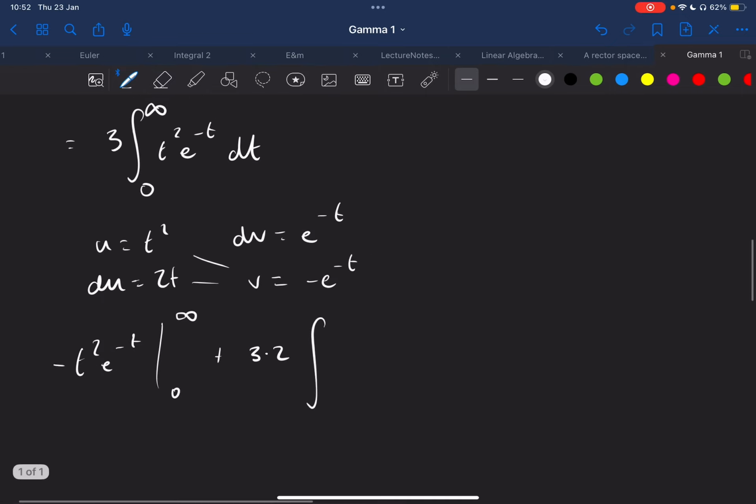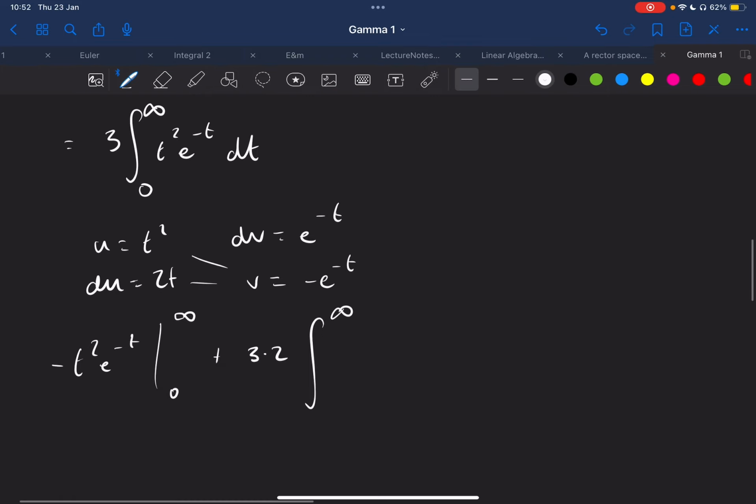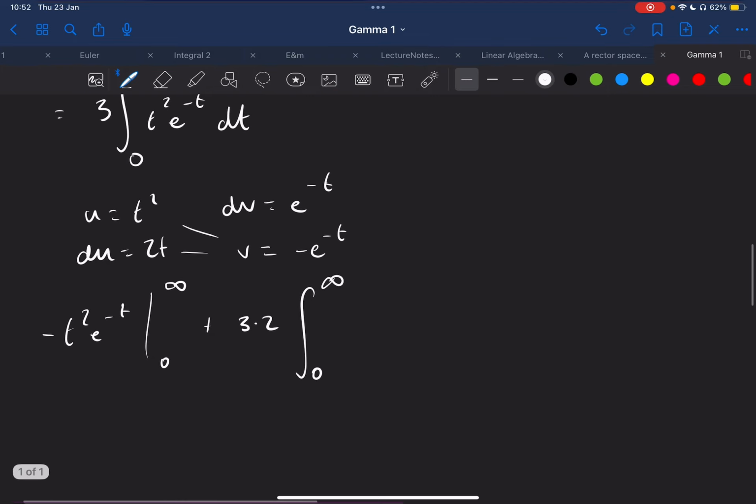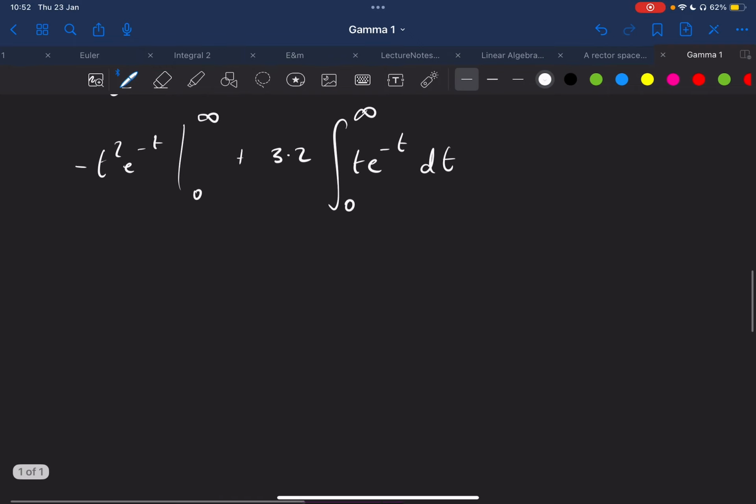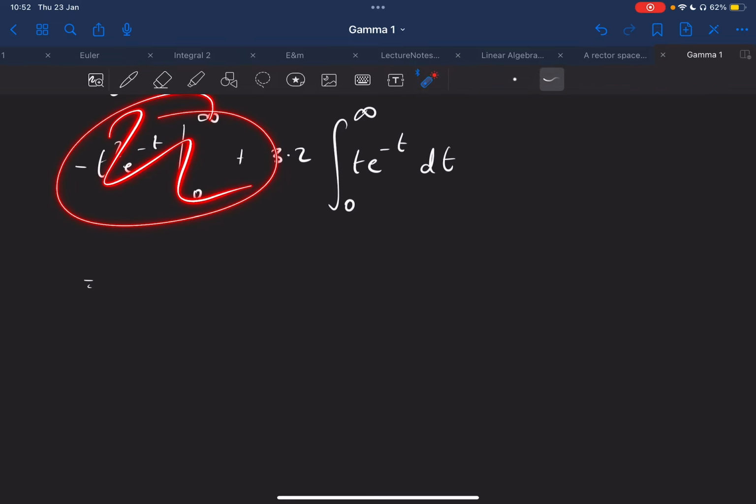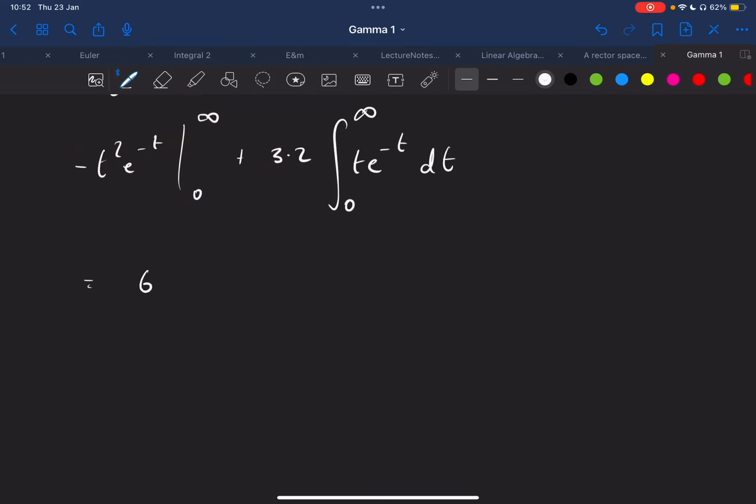You see how that starts looking like what we were trying to get before? The integral between infinity and 0 of t e to the minus t dt. And we're going to have that again go to 0, get rid of it. So we're going to have 6 times the integral between infinity and 0 of t e to the minus t dt.